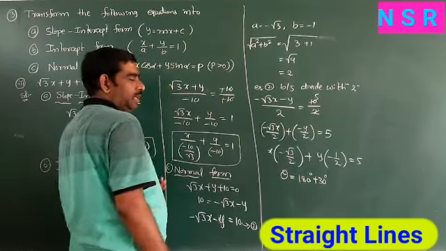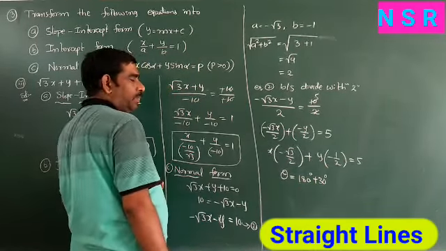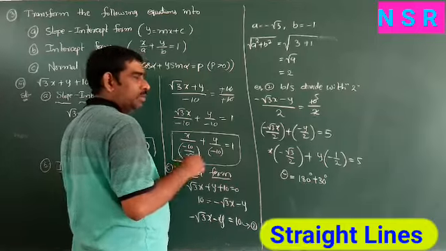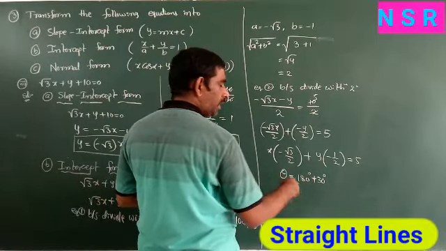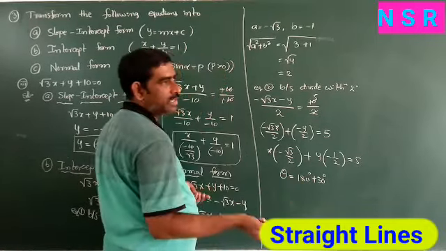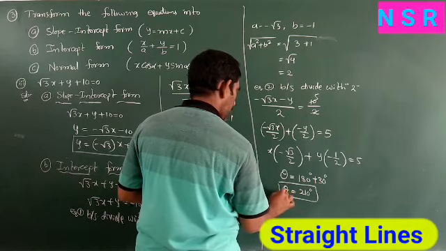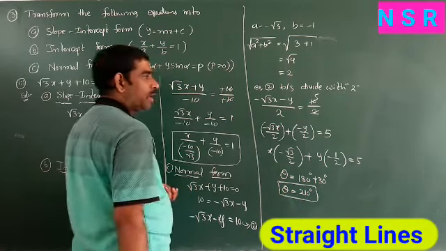Why am I writing 30? In sin 30, 1 by 2 is plus, and in cos 30, root 3 by 2 is also plus. So when we get the plus value, we get 30. So in place of theta in 180 plus theta, write 30. Now 180 plus 30 is 210. So theta value is 210.